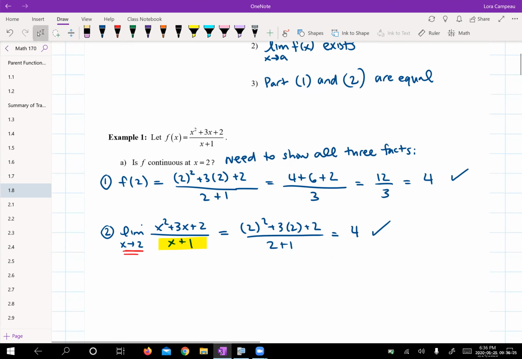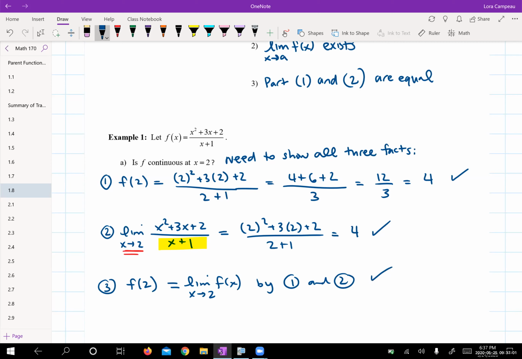And if we want to further clear up, is this continuous or not, are steps 1 and 2, or item 1 and item 2, equal? And we can definitely see, yes, there is a match going on. And the way I always justify this, and this is mathematics, we are going to clearly state the function evaluated at 2 is equal to the limit as x approaches 2 of the function, and that's justified by parts number 1 and 2.